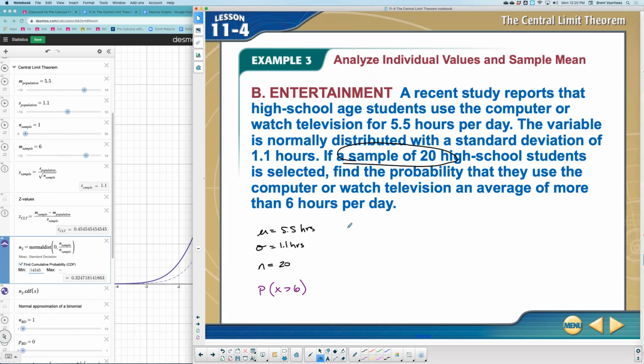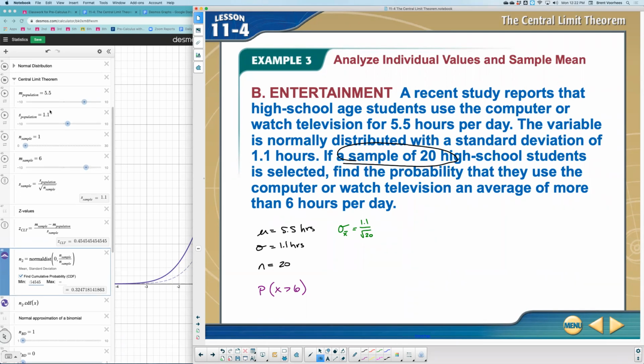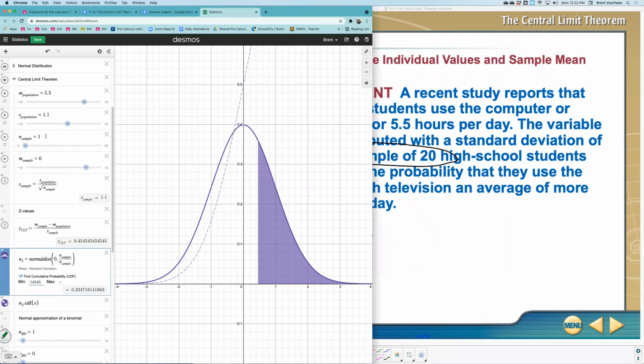So to find the same two values here, to find our standard error, what we're going to do is take the original standard deviation, 1.1 hours, and divide that by the square root of the number of samples, which is 20. Square root of 20 is not a great number, so I'm going to type that in over here and we'll see what the value is. These remain the same. Now my sample is 20.